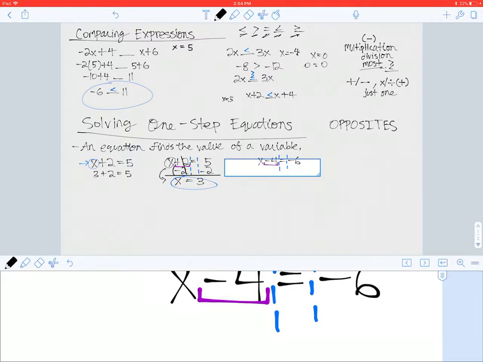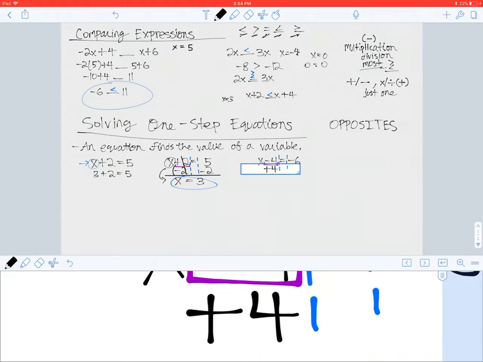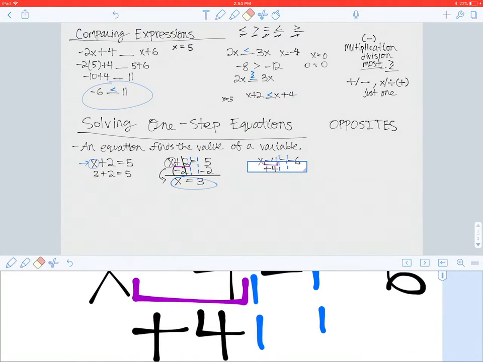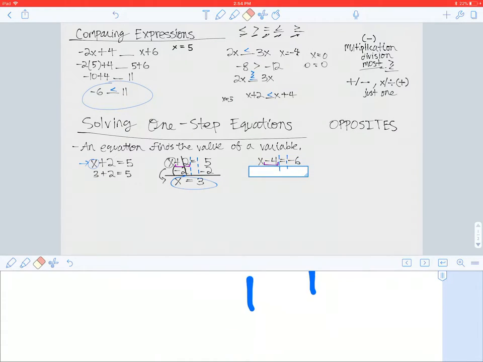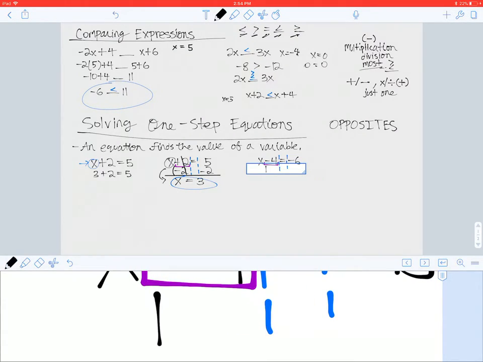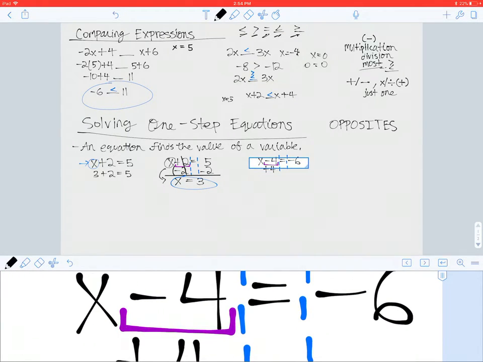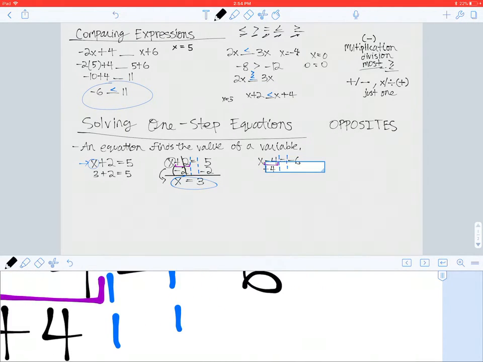So -4, we can put +4 right here, because -4 plus 4 would equal 0, which is the same thing as 4 minus 4. So we want to cancel them out so that they equal 0. So +4 gets put on this side, then +4 is put on the opposite side as well.